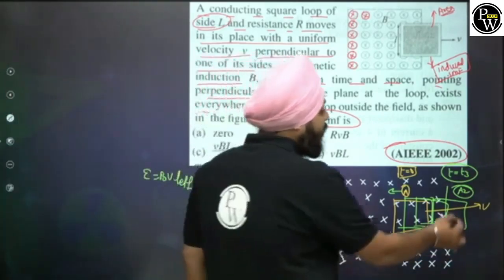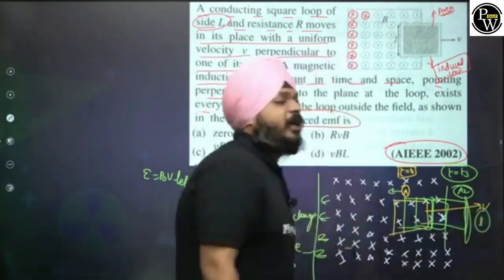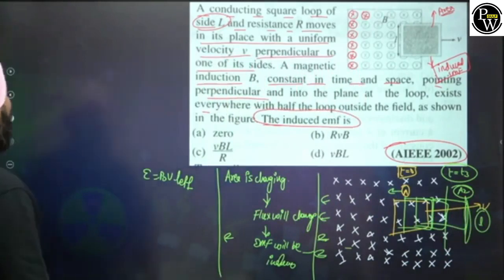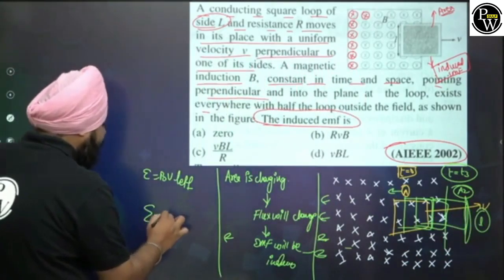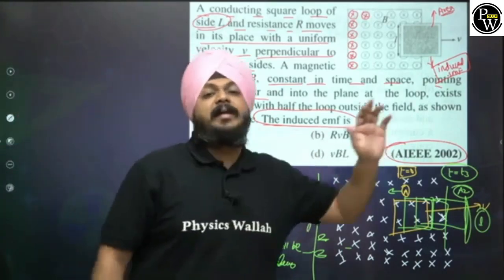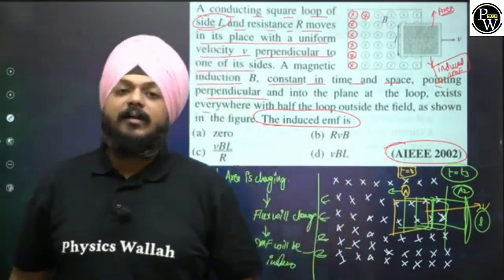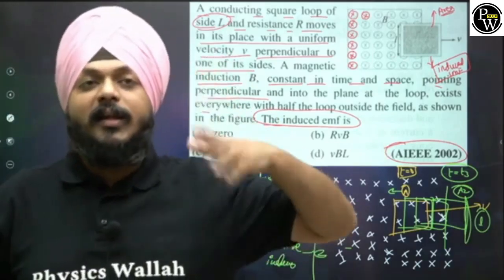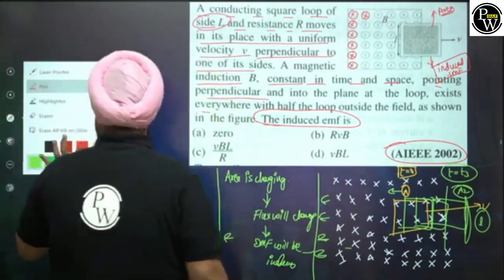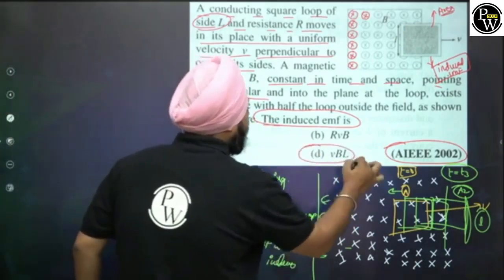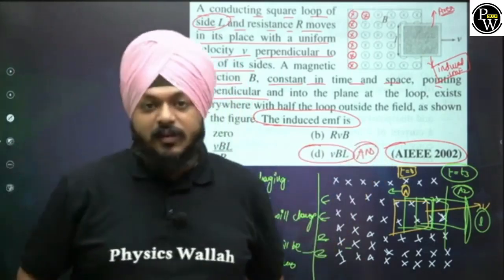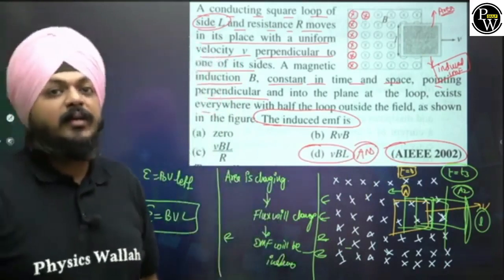The L effective will be the length of the loop, L. So here the EMF that is induced will be BVL. It is because of the motion of the loop inside the magnetic field leaving that area. So it is nothing else but the motional EMF. So here D will be the perfect answer for this specific question.